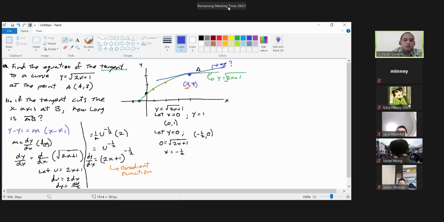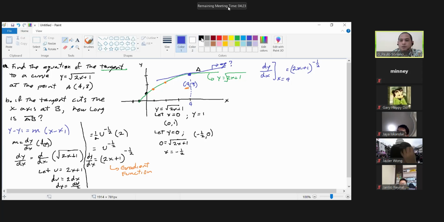Continuing, that is now going to give us dy dx equals 2x plus 1 raised to negative 1/2, where x is 4. Clear? So how much do you get here?